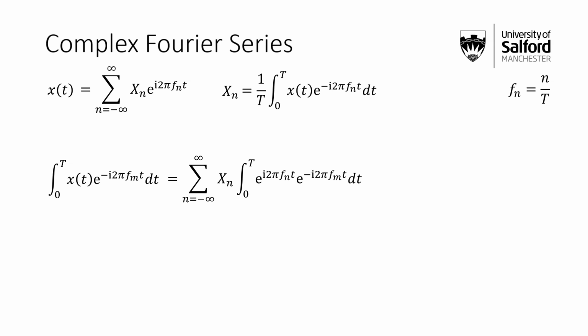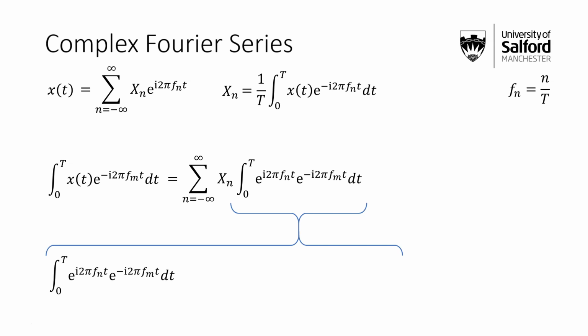Notice that I've used fm in the testing term rather than fn, just so we can look at all the possible frequencies fn in the signal and see which one the tested integral term pulls out. So we'll have a look at this integral, and if we work that out, we can rearrange this a bit. We've just put in the definitions for fn, and we get this, where both terms are dependent on big T. So we pull out all the constant factors, and we can see that we've got an n minus m in there.